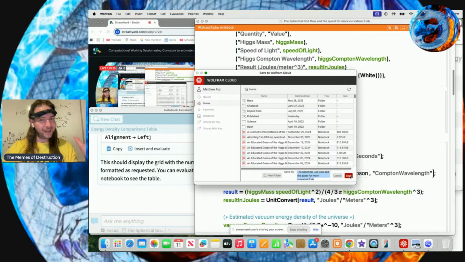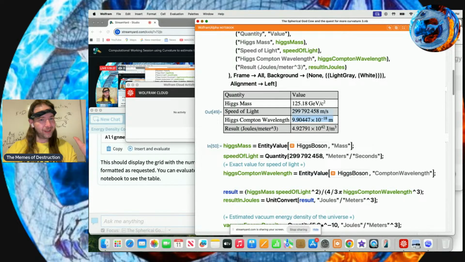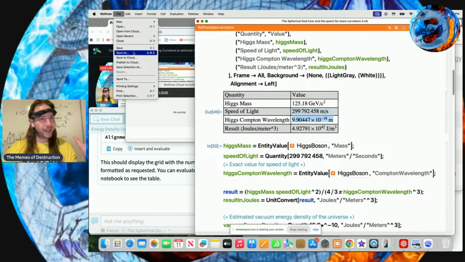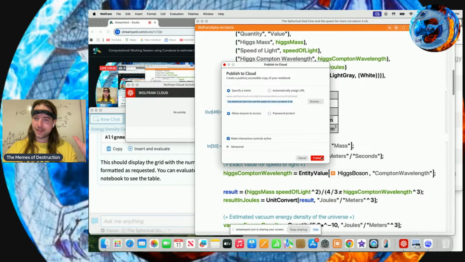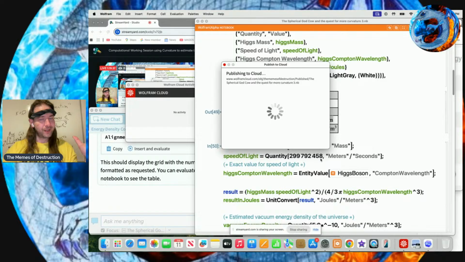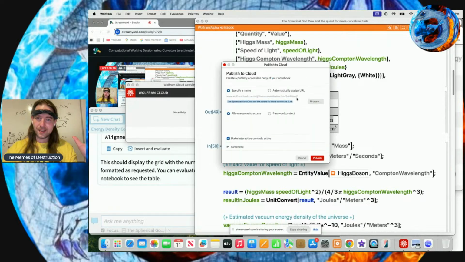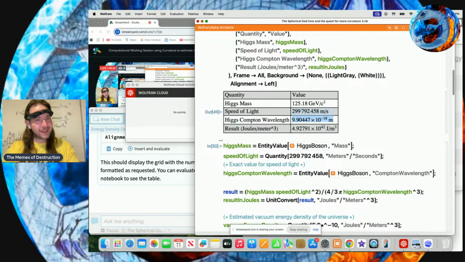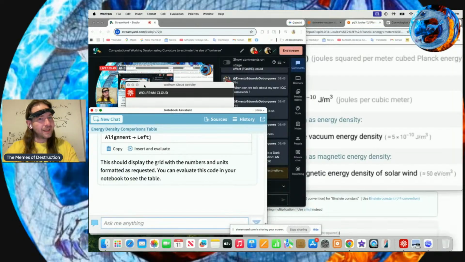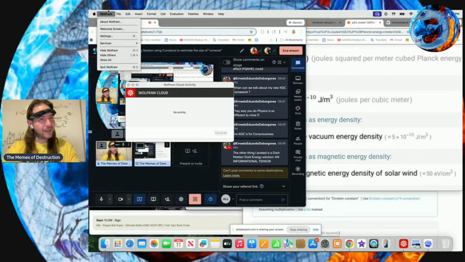So, all right, save, format, file, publish to cloud. Should have lots of cloud room. All right, request for more curvature, publish. Come on, give me the dang thing. There we go. We've got the thing. All right, close that, exit that.